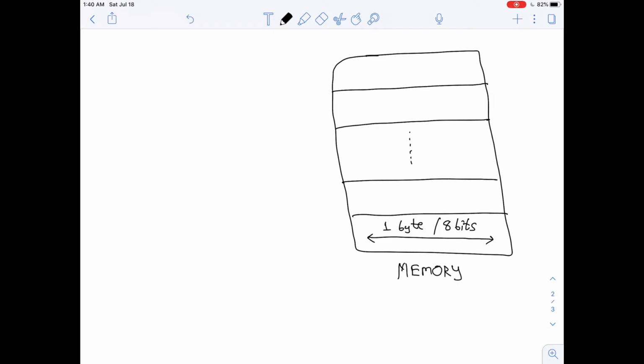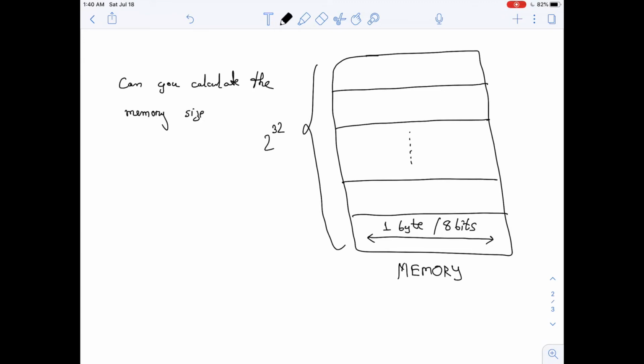So how many of these 1-byte addressable spaces are there in MIPS? Well, as it turns out, there are 2 to the power 32 of these locations. So now, can you calculate the memory size of MIPS?